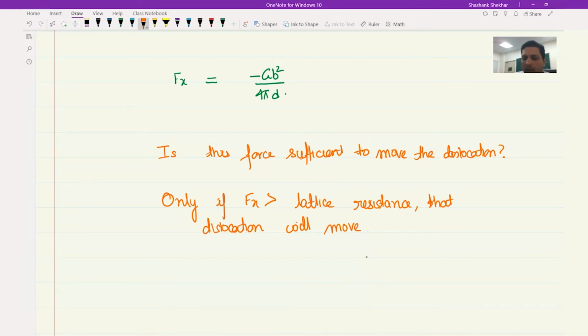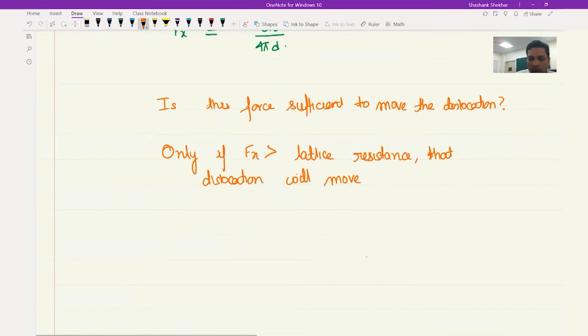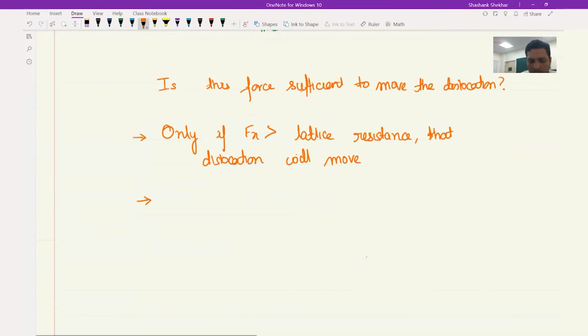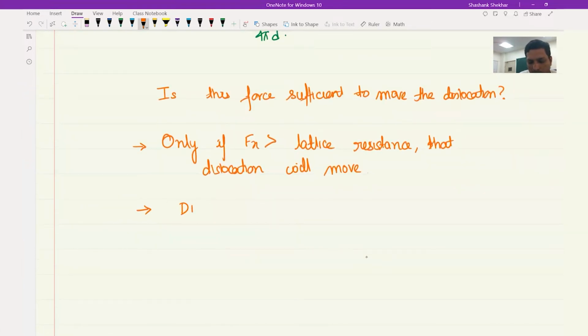One can theoretically calculate the lattice resistance, or one can also look at the depth and back-calculate what the lattice resistance is. So in effect, this can also be used as an effective method for finding the lattice resistance against the motion of dislocations. And once this force is greater than this lattice resistance, the dislocation will move spontaneously.